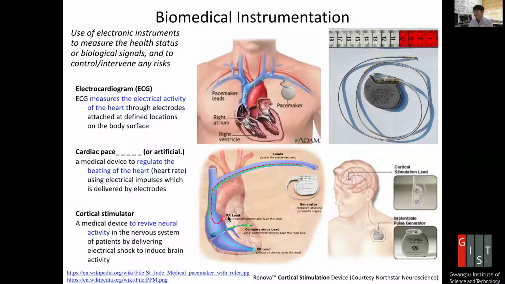And you can have a right atrial lead, or a coronary sinus lead, or a right ventricle lead. And this right ventricle lead is in almost all devices. And the cortical stimulator is specifically placed in the brain cortex. So the cortical stimulator lead looks like this, and that also is connected to the body called the implantable pulse generator.